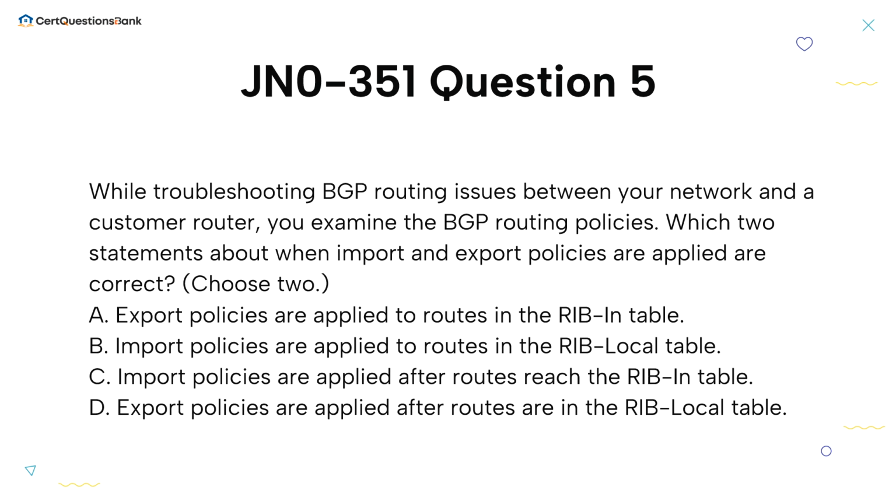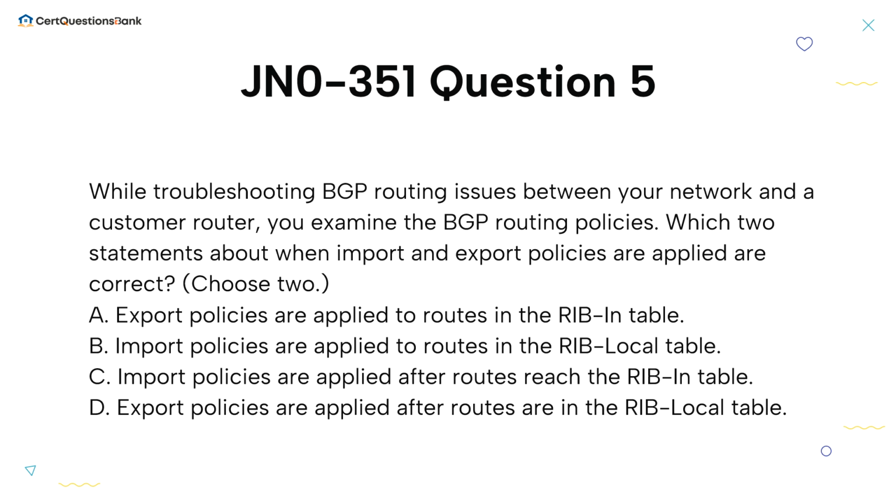While troubleshooting BGP routing issues between your network and a customer router, you examine the BGP routing policies. Which two statements about when import and export policies are applied are correct? Choose 2. A. Export policies are applied to routes in the RIB-IN table.